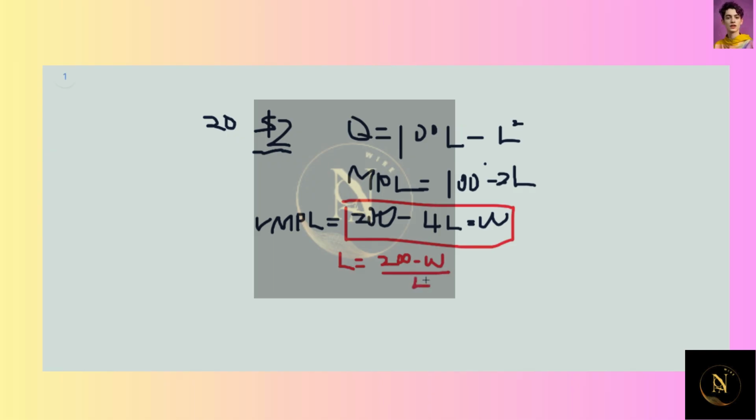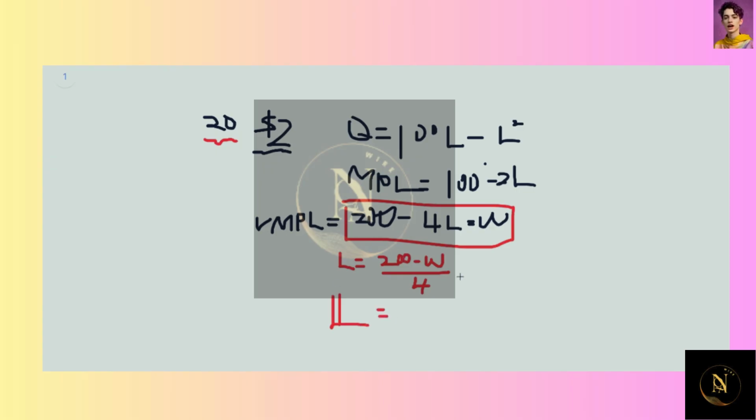So this is the labor demand for one firm. But now we know that there are 20 firms. So the total labor demand will be 20 times L. So total labor demand is big L equals 20 times this number.